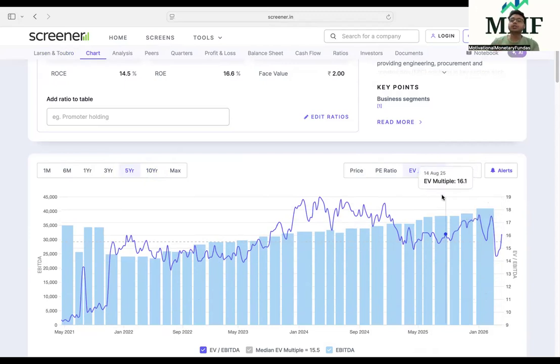Now, you might question me, sir, you told me to use price to book value for such types of companies. Then how has EV to EBITDA come into place? Now, price to book value is the heart and soul. Again, I will say price to book value is much more important than EV to EBITDA because all such types of companies have their assets and the value depends upon the assets. Correct.